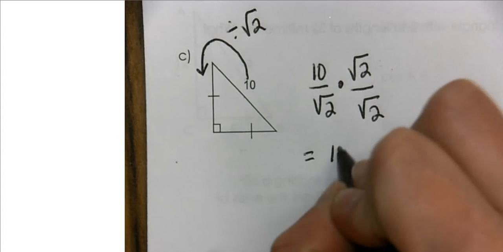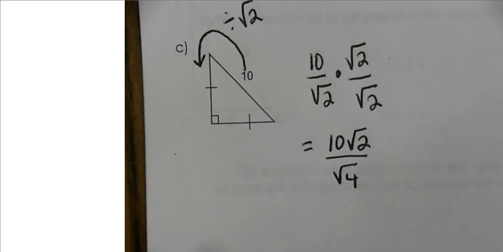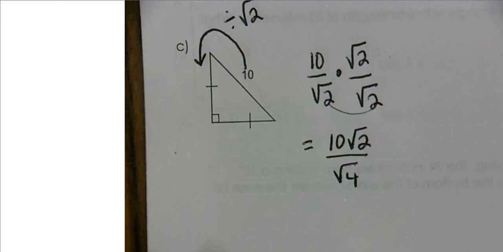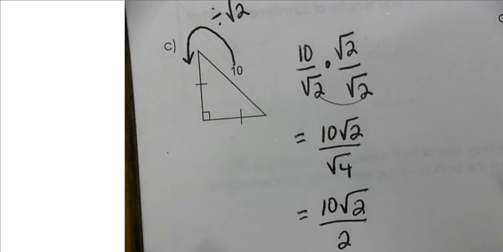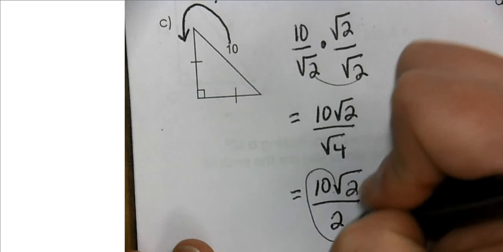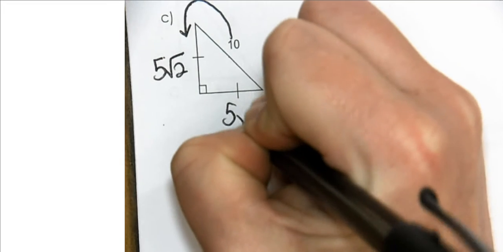What's going to happen is I now have 10 square roots of 2 divided by the square root of 4, because I'm just multiplying insiders times insiders. This becomes 10 square roots of 2 divided by 2, and I can simplify this further. 10 divided by 2 is 5. So this is 5 square roots of 2, and that's what each of my legs is.